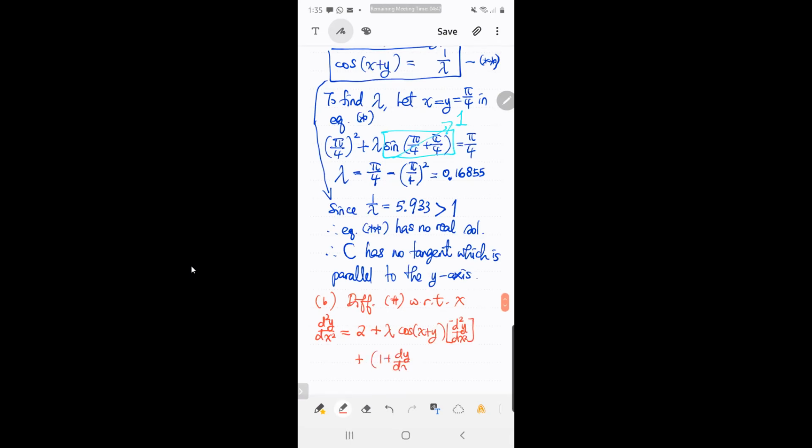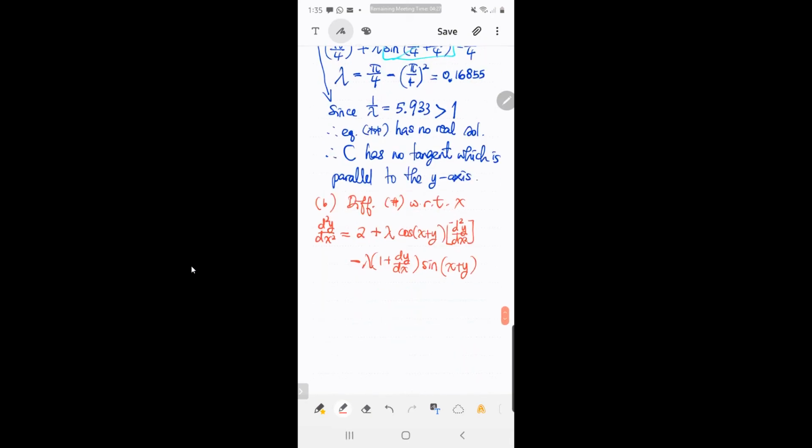Then you differentiate lambda cos x plus y. So lambda is forever there. Differentiate cos becomes negative, so you change this one to negative lambda 1 plus dy dx, then this becomes sine x plus y. Then you differentiate the x plus y again, you will get 1 plus dy dx, right? So you multiply the two of them.